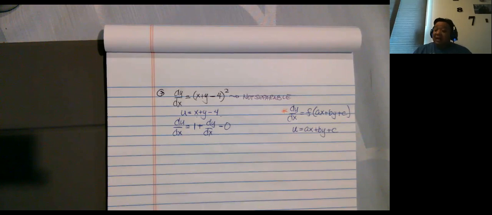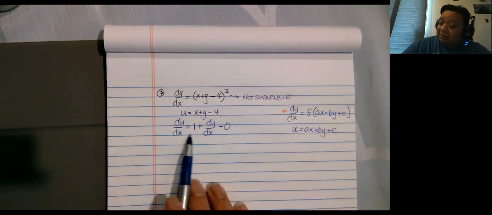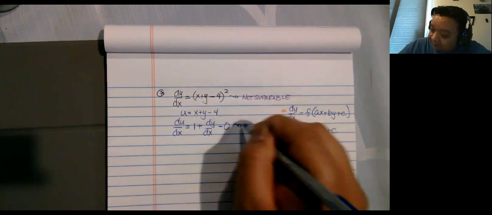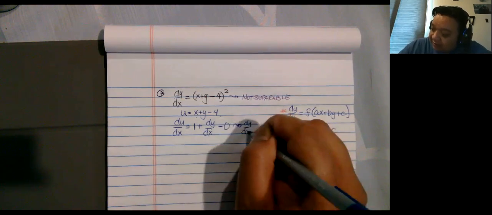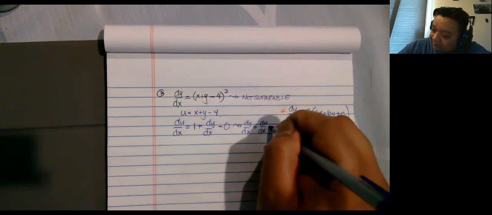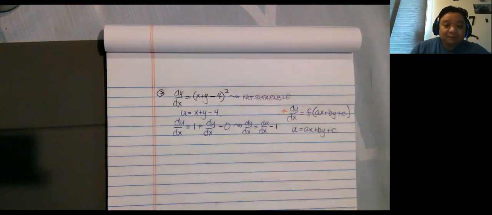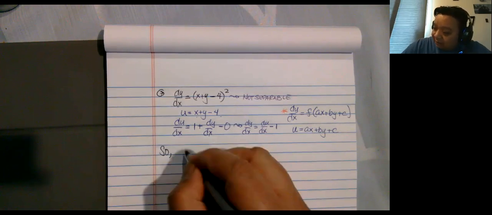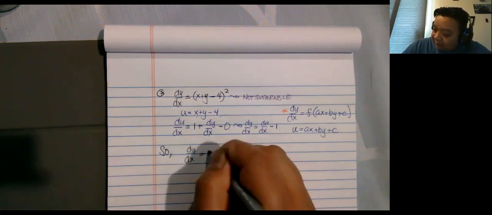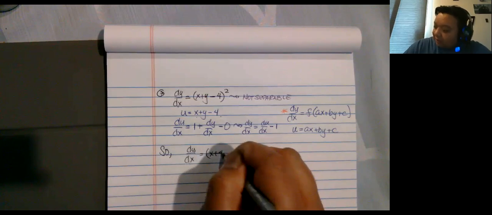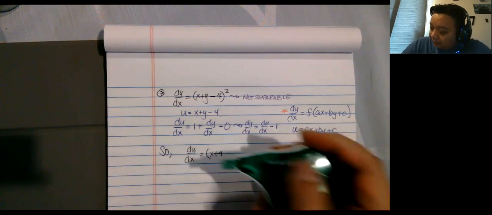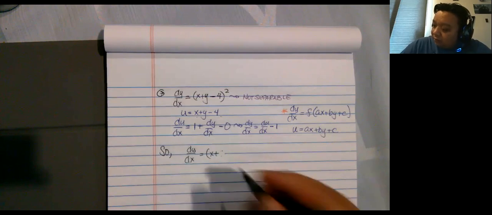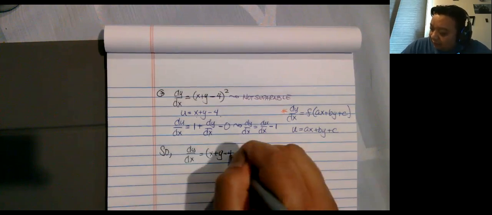Now I have to solve for dy/dx. Based off of this, dy/dx is equal to du/dx minus 1. Now, completing my substitution, remember dy/dx is equal to (x plus y minus 4) squared.